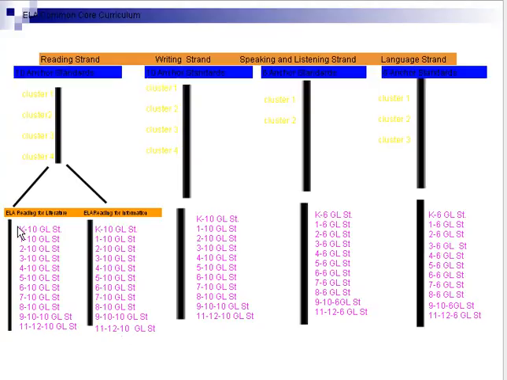So the skills I teach in kindergarten for anchor standard number 1 are going to be different from the skills I teach in first grade to arrive at anchor standard number 1, are going to be different than the skills I teach in second grade to arrive at anchor standard number 1, or anchor standard number 5, or number 8, or whatever it is. So there's very definite vertical alignment.